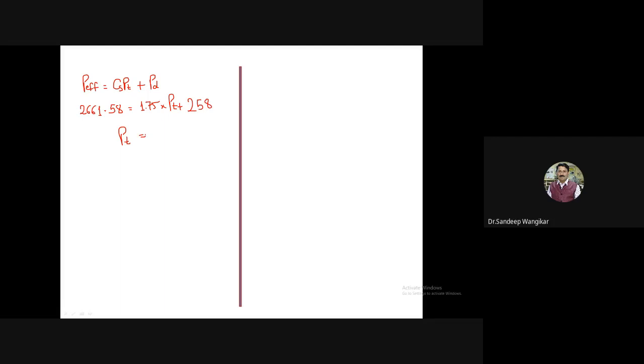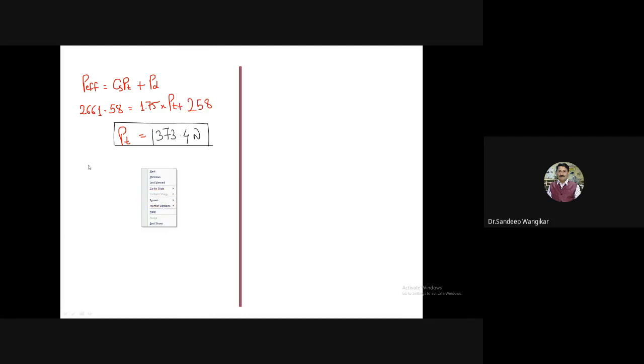Tell me the value for PT, the static load value. You will get PT value as 1373.4 Newton.